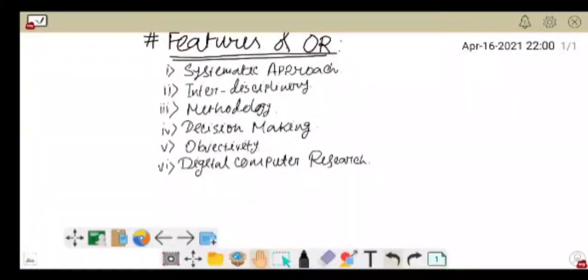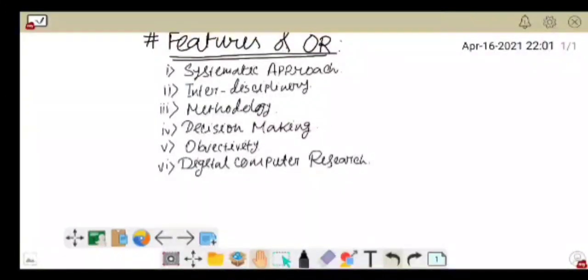Number 4 explains decision making. Obviously, why not? This is the subject to study to make proper research and to get a proper decision. The decision you have to make is made through the result you have got from operation research.